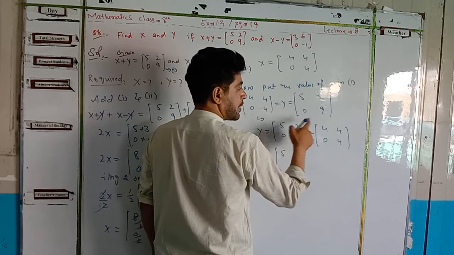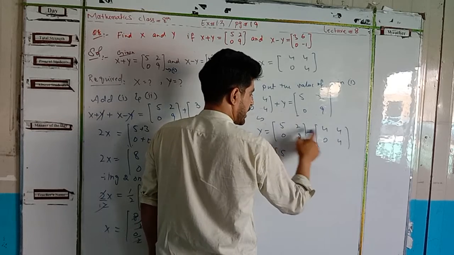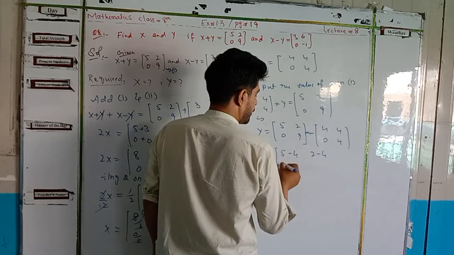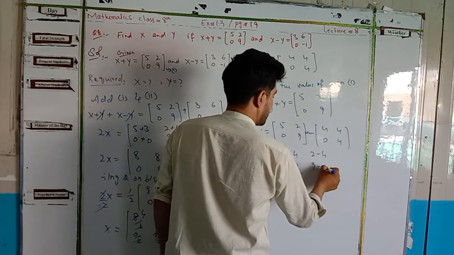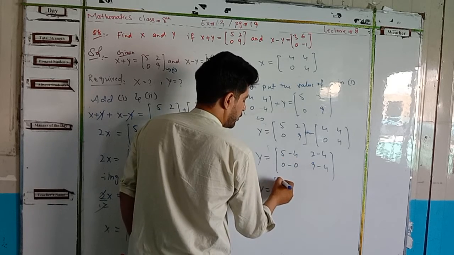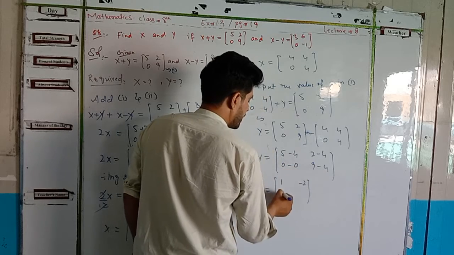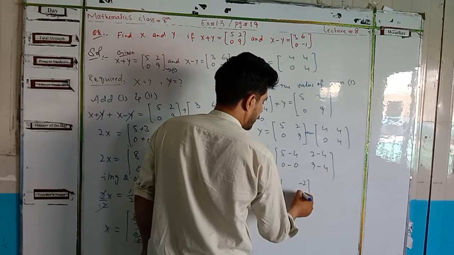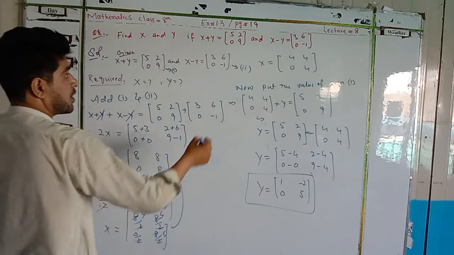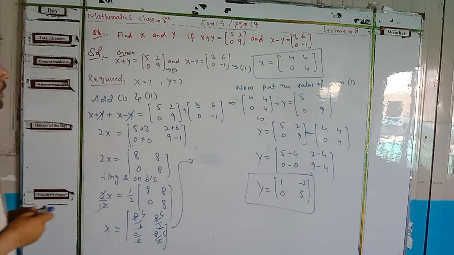First element subtracts from first, second from second, third from third, and fourth from fourth. 5 minus 4, 1; 2 minus 4, minus 2; 0 minus 0, 0; 9 minus 4, 5. This is the value of y and this is the value of x, which is required. Okay?